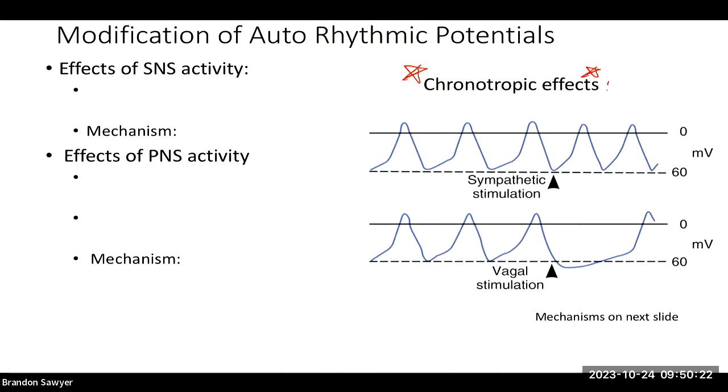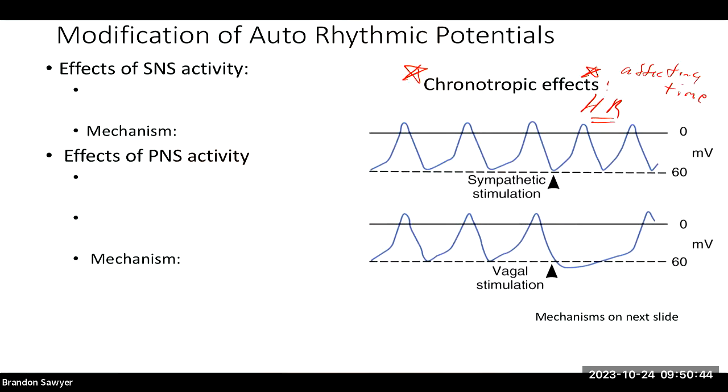So anytime you see chronotropic, that means we're affecting heart rate, but specifically it means affecting time. But really, in this case, we're changing heart rate. So we'll talk about the chronotropic effects of the sympathetic nervous system and the parasympathetic nervous system here.